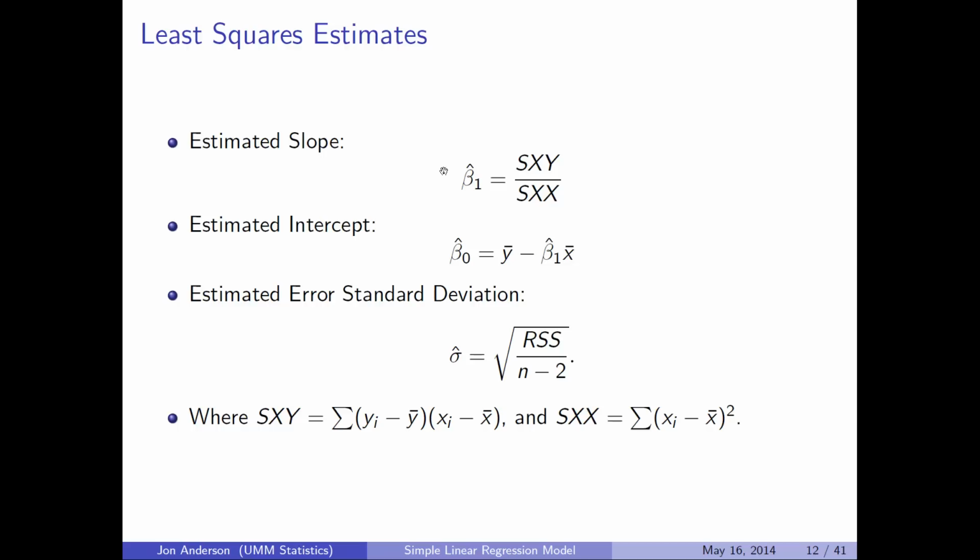So beta 1 hat means estimate of the underlying data creation parameter beta 1. Beta 1 we're never going to know the value of. We're never going to exactly know how the data were created, but we can estimate it from the actual observed data that came from the system, and that produces the estimate beta 1 hat.